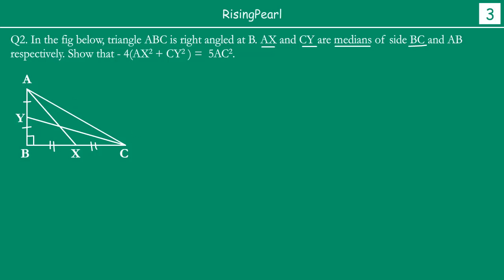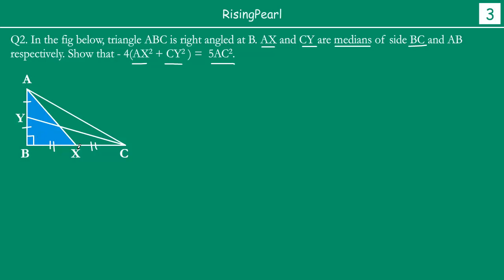So friends, how are we going to approach this? So again our focus is, let's look at the terms. So AX square, CY square and AC square. So AX square, which triangle has AX? Which right triangle has AX? Yes, this triangle highlighted in blue has AX. So if you look at triangle ABX, angle B is 90 degrees.